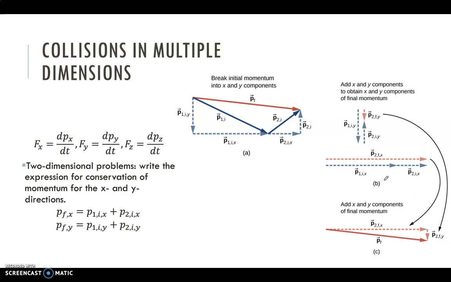So we can write these expressions for conservation of momentum for the x and the y directions now. We can break down that movement just like we did with forces. We could do the exact same thing, but now with our collisions and momentum. We'll talk more about this in the next video.